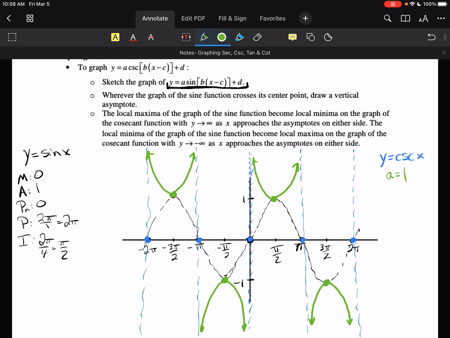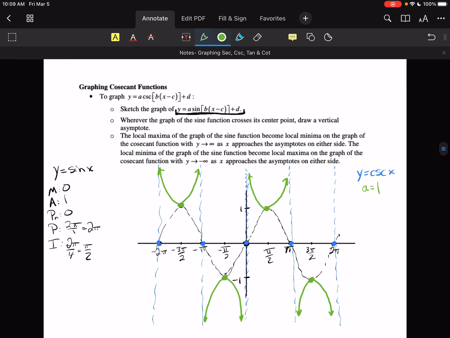So eventually we'll get into introducing phase shifts, moving the midline, right? But again, as long as you relate it back to sine and cosine, it's not really anything super new, okay? We graph sine and cosine just like we've been doing, and then once we have that built, we just throw in our asymptotes and then flip up, basically, and down our peaks and valleys.